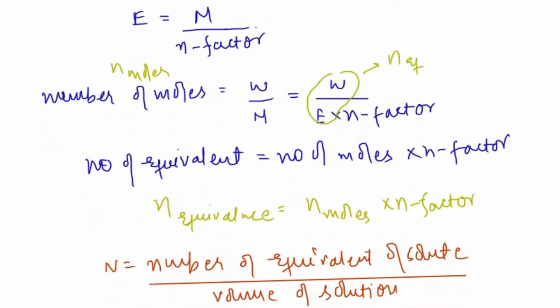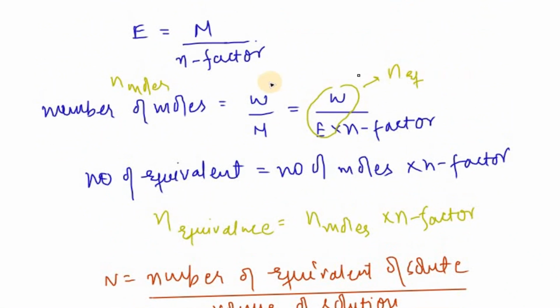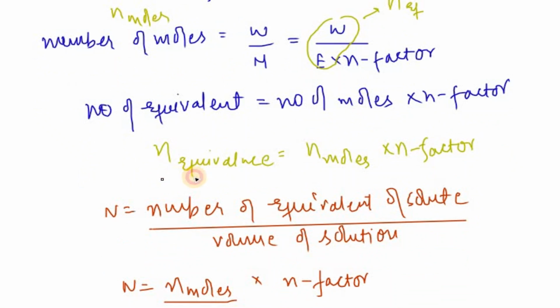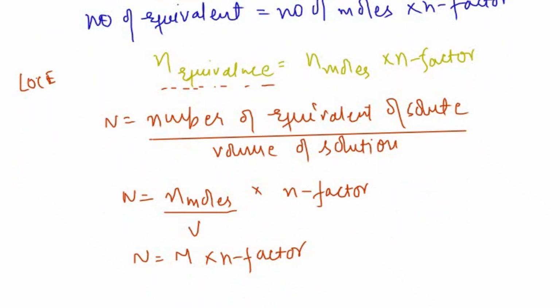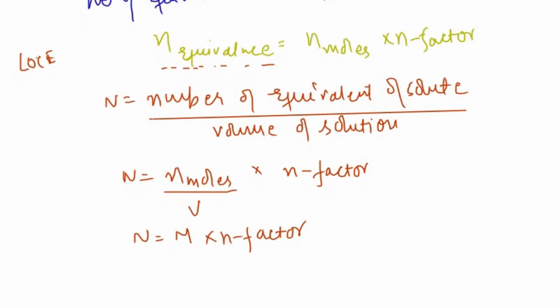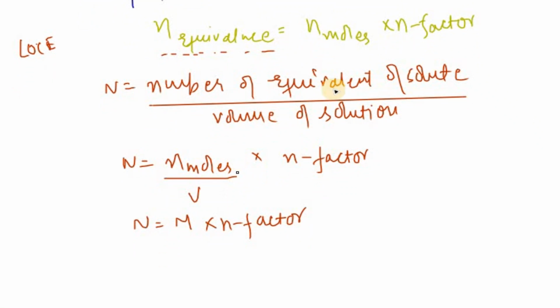So here we have seen we need to know the equivalent mass of the substance, and the number of equivalents is also important to know, because when we apply the law of chemical equivalence we need to know the number of equivalents of every substance, and they must be equal. The number of equivalents is also calculated as normality multiplied by volume.